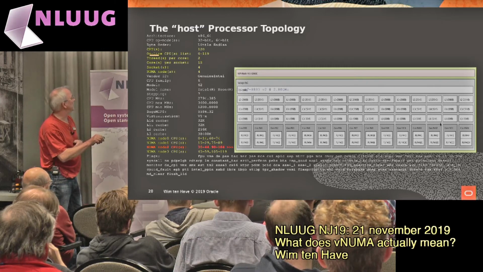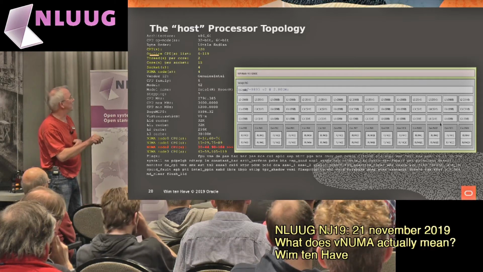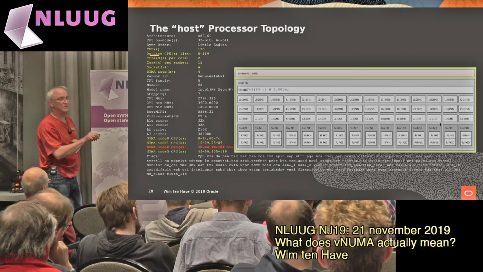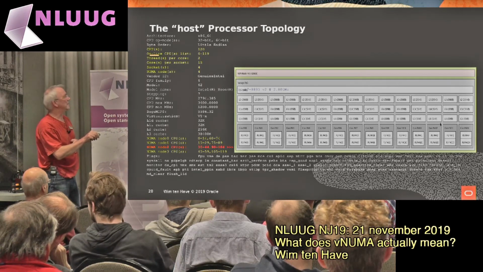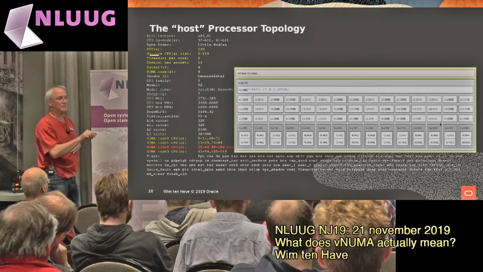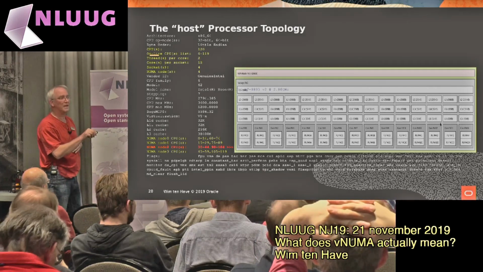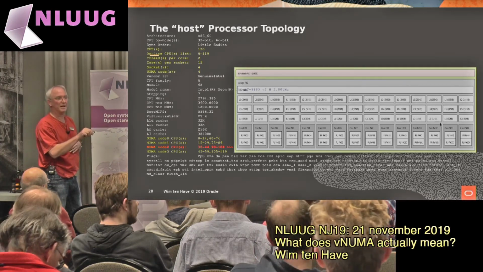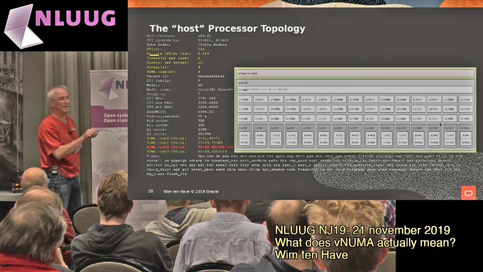And 30 and 90 are two threads under the same core. So it is very important under the guest to keep that consistent as well, because the guest software, which is utilizing the vNUMA architecture, will definitely start looking in how the CPUs are arranged and bring them together for optimum performance, because they share the same cache.